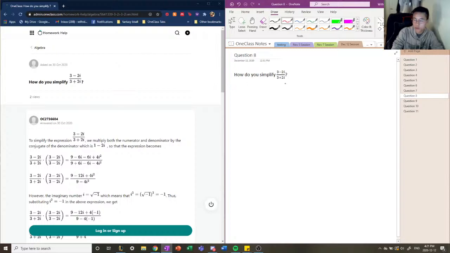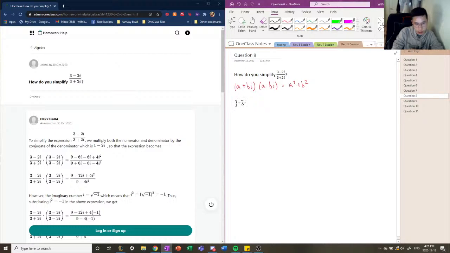We want to get rid of the complex number in the denominator. That will help us simplify our solution. Before, I told you that a plus bi times its conjugate, a minus bi, equals a squared plus b squared, so it gets rid of the imaginary component altogether. We're going to use the same principle to simplify.